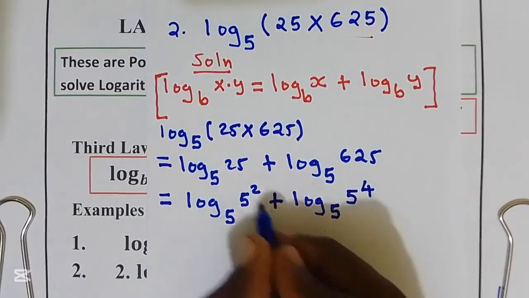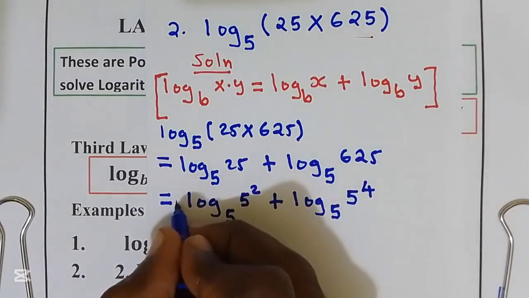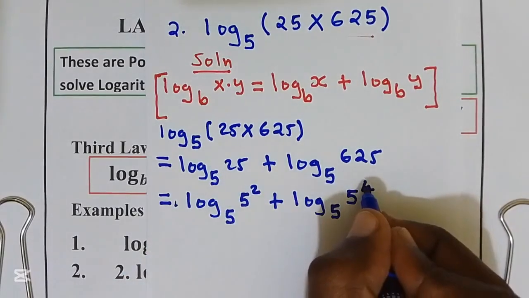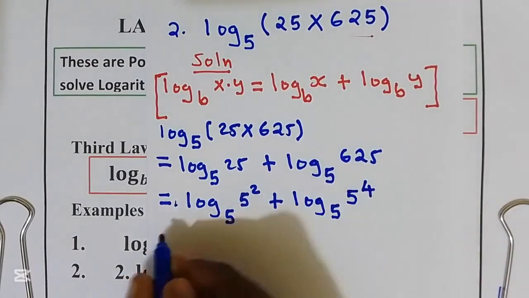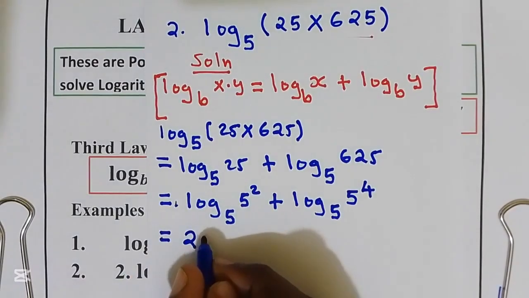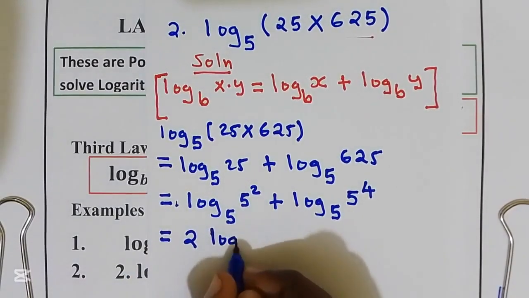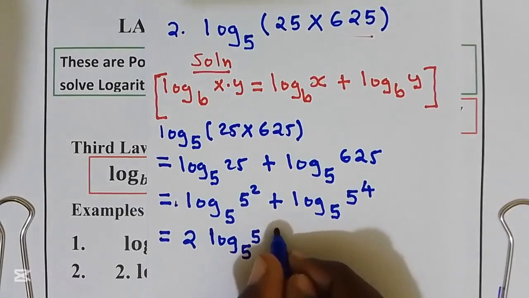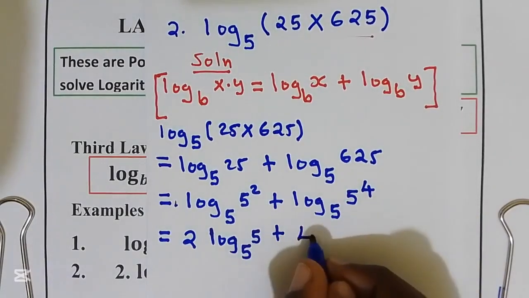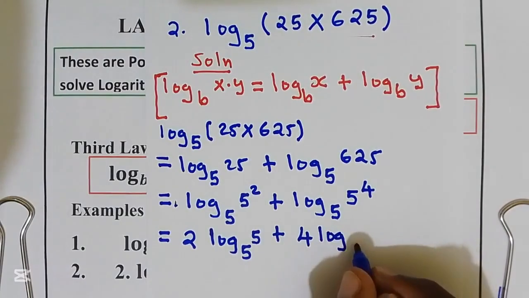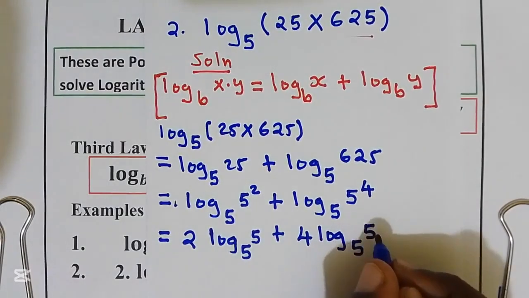According to power rule, we can bring the power in front of log and multiply. That is going to be 2 log base 5 of 5 plus 4 log base 5 of 5.